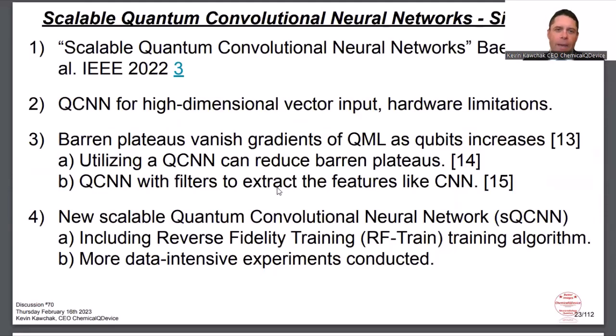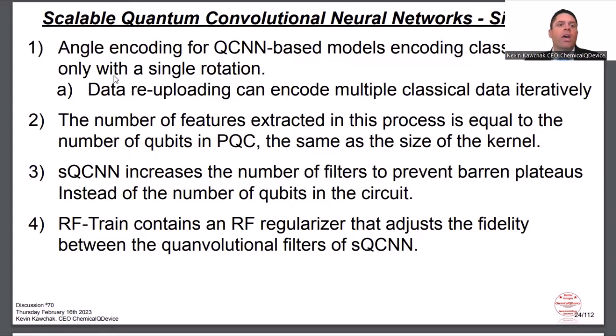Now, this specific paper is interesting because it's using two different methods. They call it scalable quantum convolutional neural networks. So the big thing here is the first step, you're not using as many qubits. You're using more layers or features up front. And then the other big thing is this RF train, which is actually reverse fidelity training, done on quantum simulators.